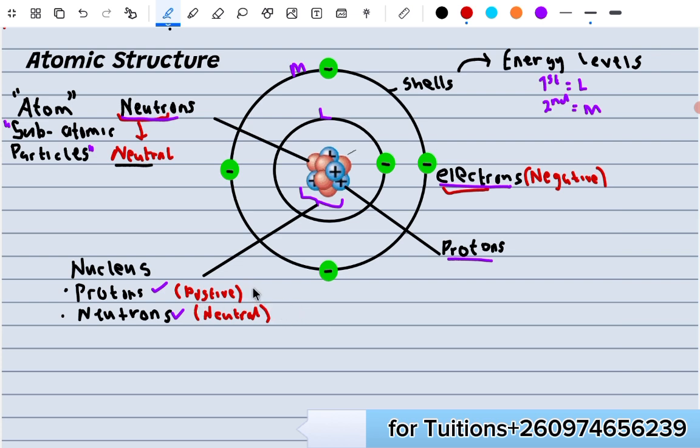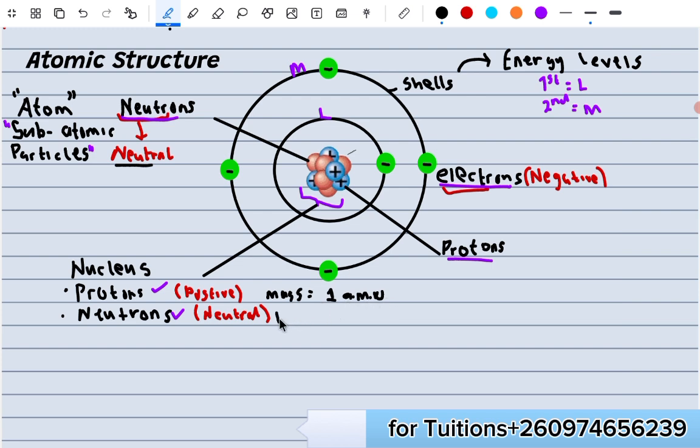Now the other thing we should know is that protons have a mass. When they measured the mass, it was found to be 1 atomic mass unit, AMU.